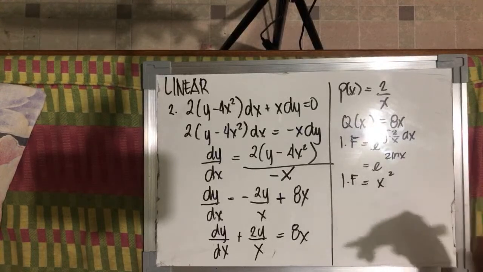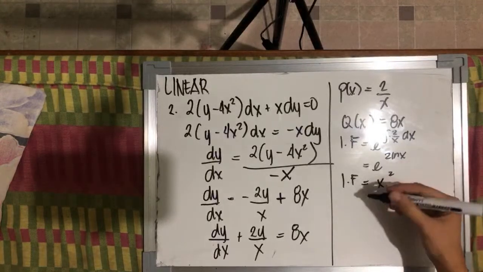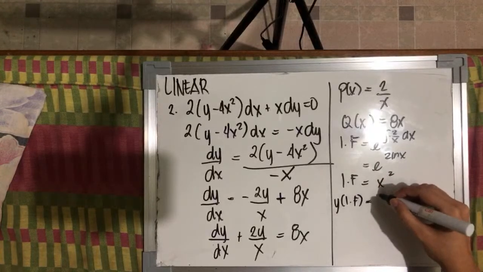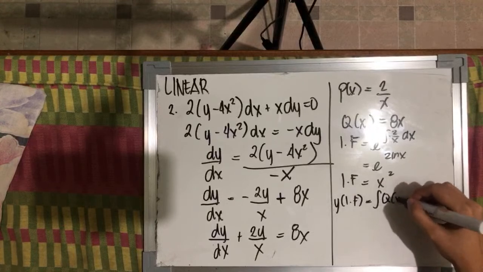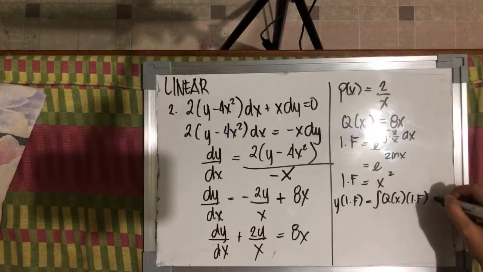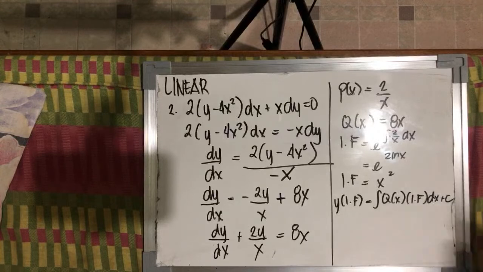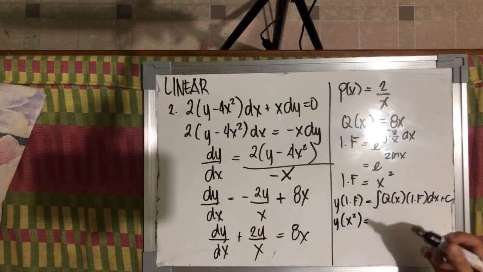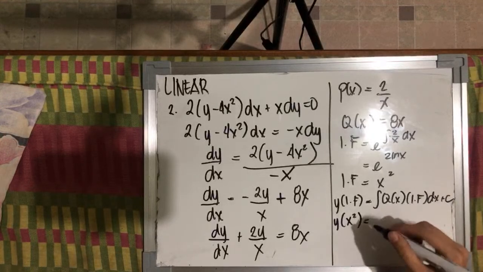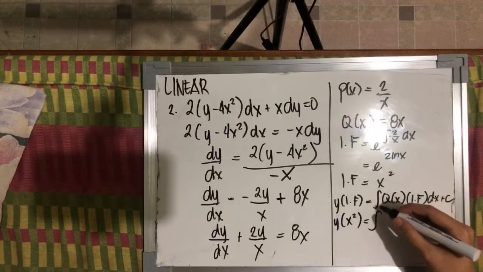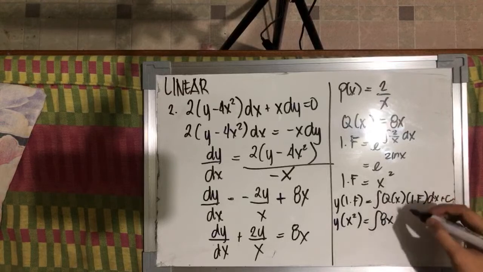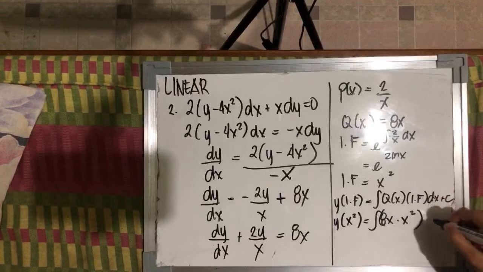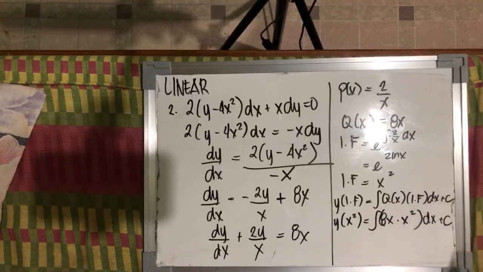So, this is our integrating factor. I'll substitute it again into our general solution, which is y times integrating factor is equal to the integral of q of x times integrating factor dx plus c. So, y times x squared is equal to the integral of q of x, so 8x times x squared dx plus c.